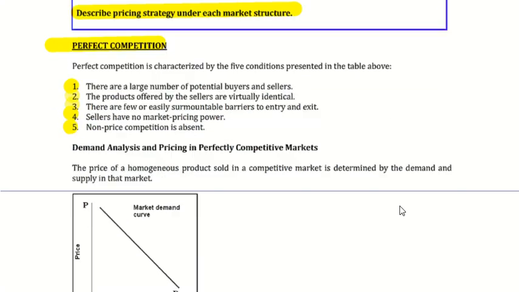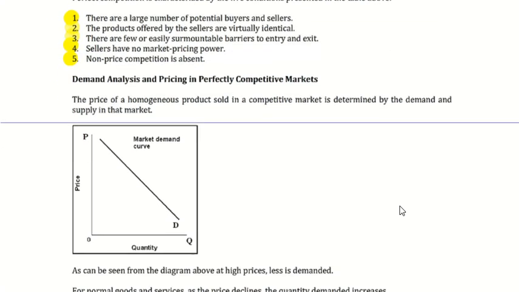Let's have a look at the demand analysis and pricing in a perfectly competitive market. There's price on your left hand side and on the bottom axis we've got quantity. What do you notice? There is a stock standard market demand curve. This talks about the price of a homogeneous product that's sold in a competitive market.